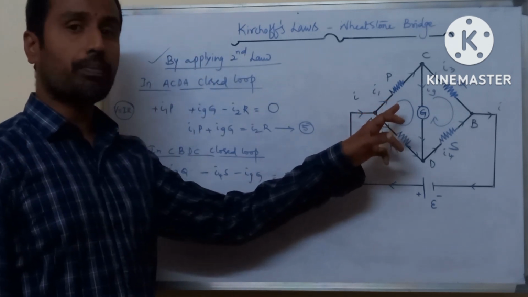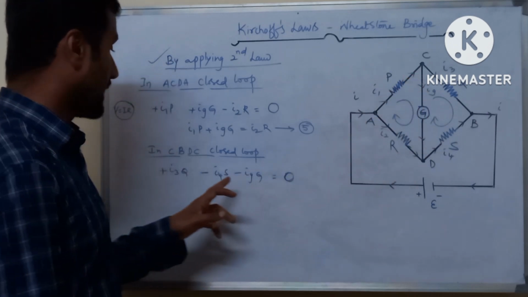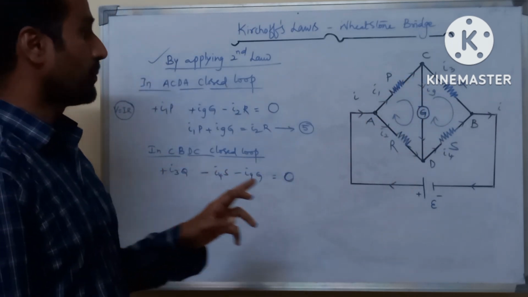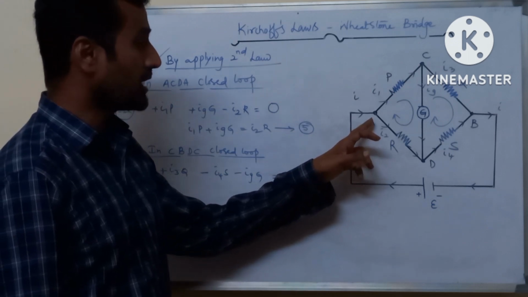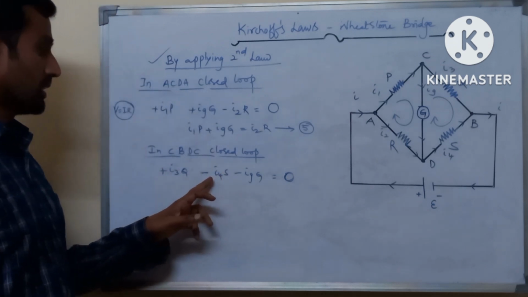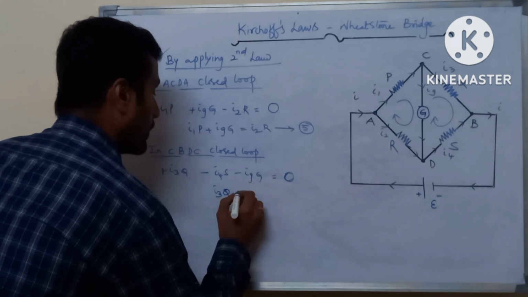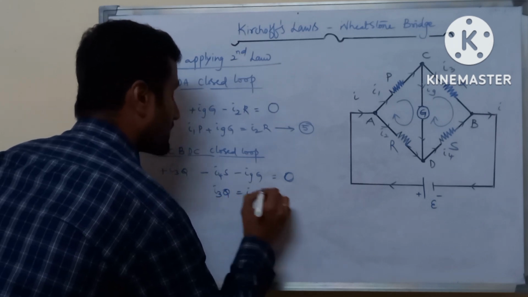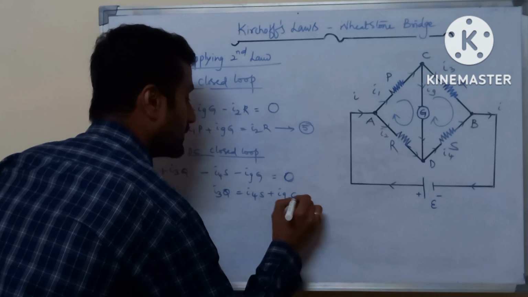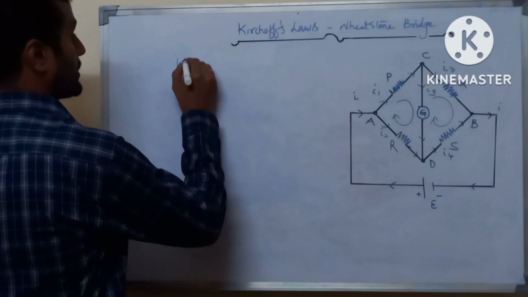That is, the potential drop along the branch which follows the path is taken as positive, and the potential drop along the branch in which the current is flowing in the opposite direction is taken as negative. Next, I3Q is equal to I4S plus IgG. Equation number 6.